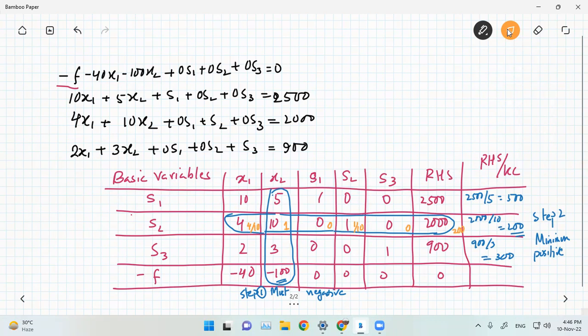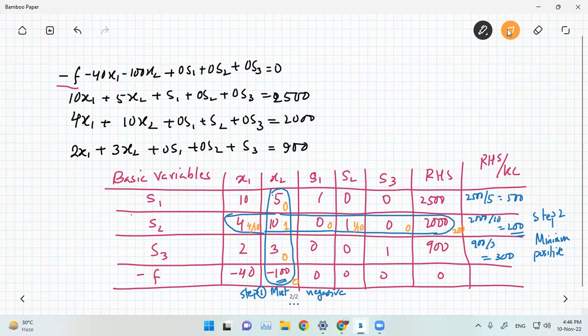Based on this, we form the next table and use the pivot mechanism to eliminate the rest of the values. That means we have to make this 1 0, this 1 0, as well as this 1 0.